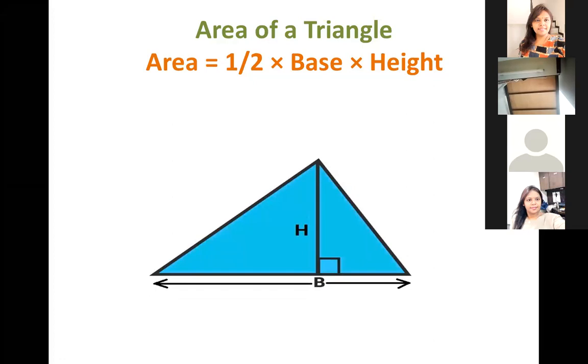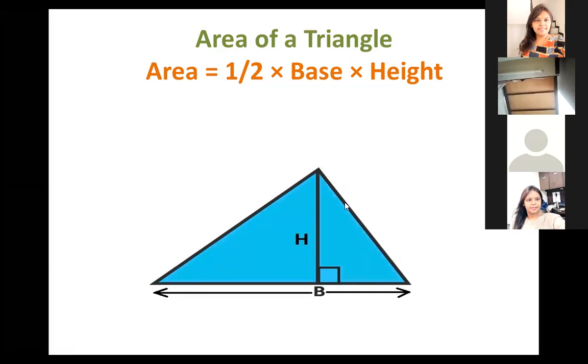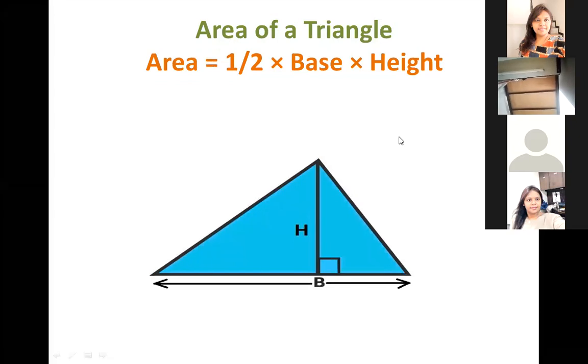But for the perimeter, you just take the sum of all the sides. So we have no formula for the perimeter, but area has different formulas for different figures. So if such a triangle is given, its area is found by the formula 1/2 multiplied by base multiplied by height.